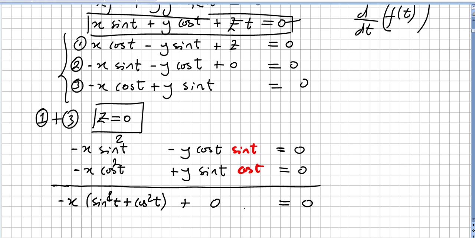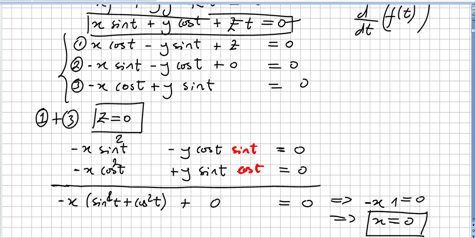So this is 1, so we have minus x times 1 equals 0, so that means that x equals 0. Okay, so we have z equal 0 and x equal 0.